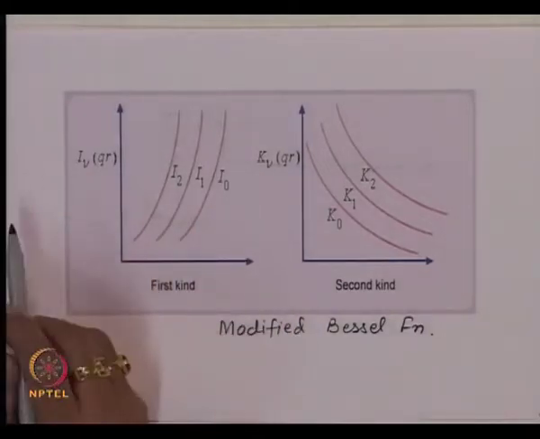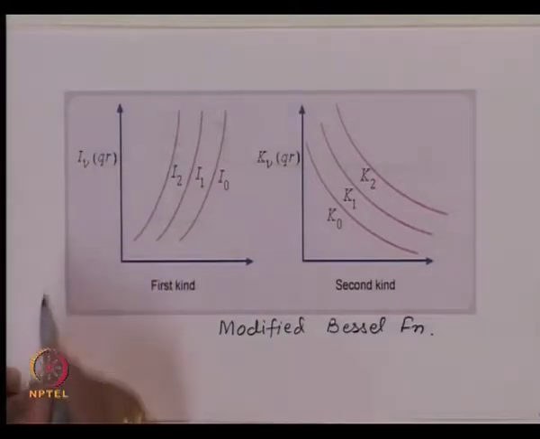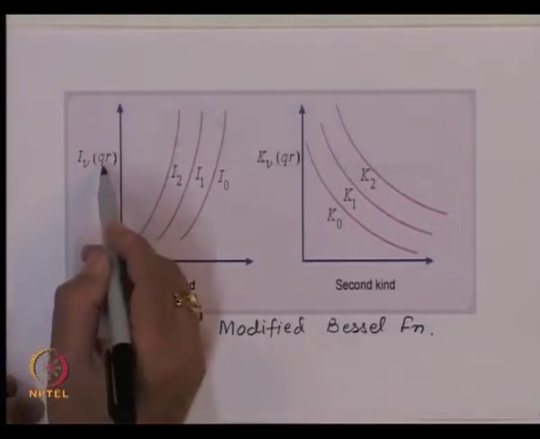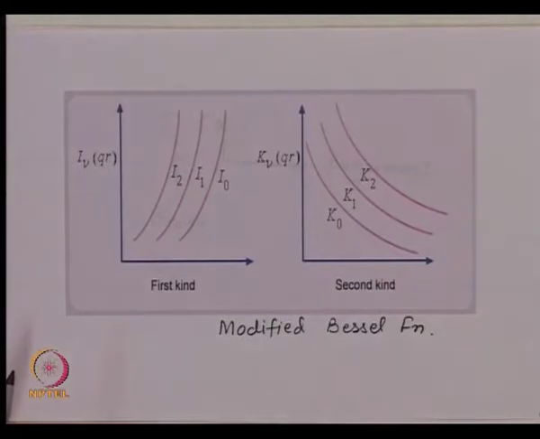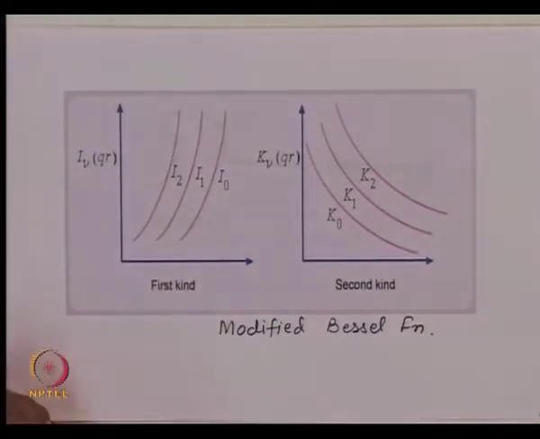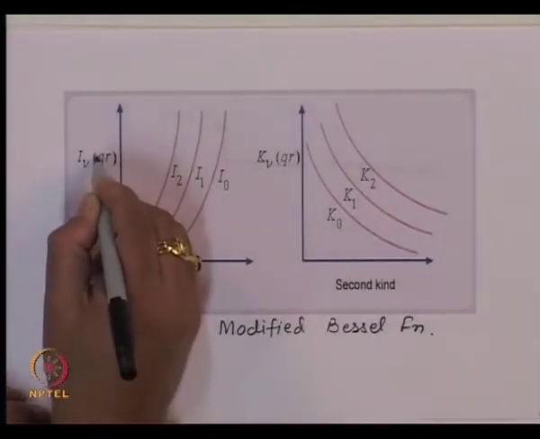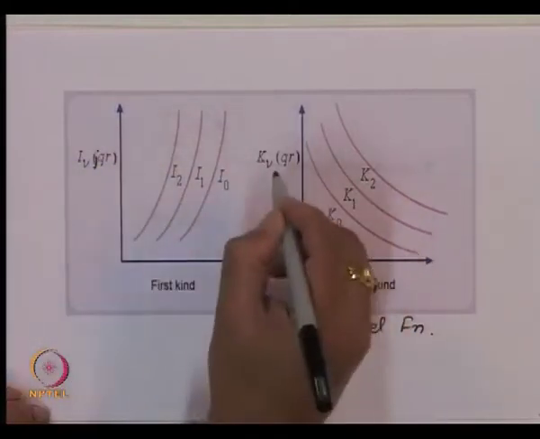Again, the nu gives you the order, and qr gives you the argument. In this case, again, this argument is real. So essentially, we can say this quantity is j. Put j here.